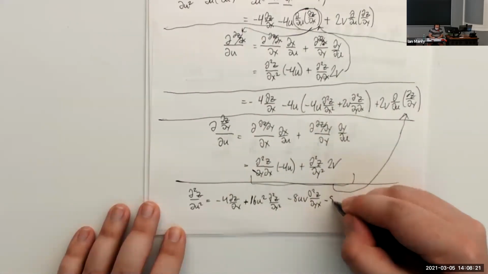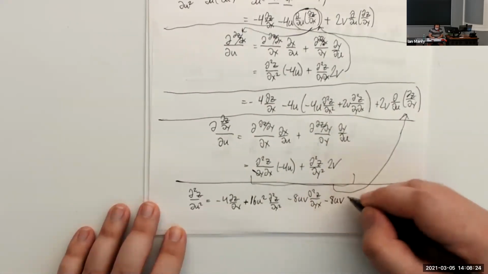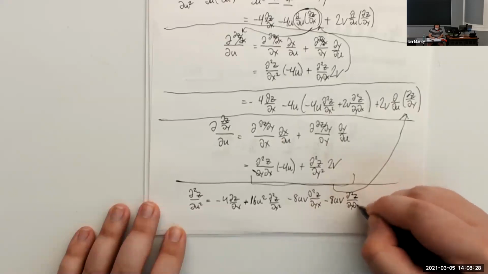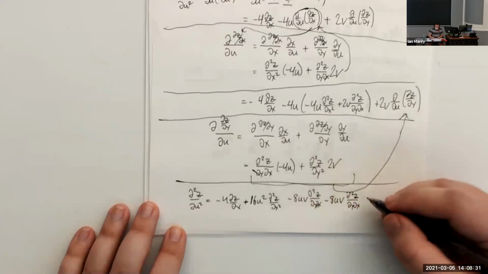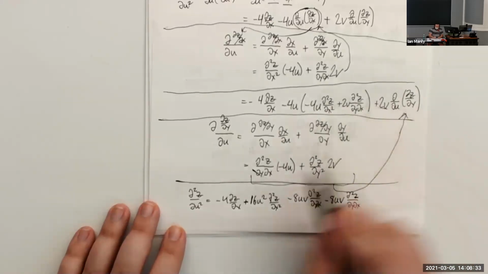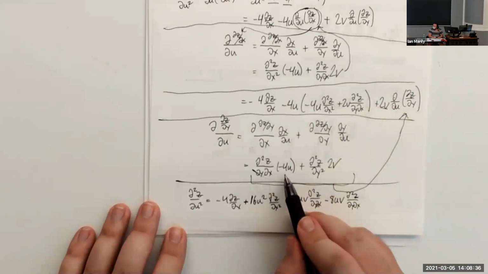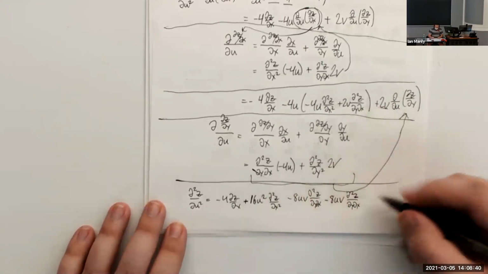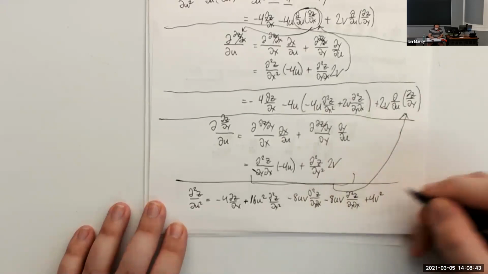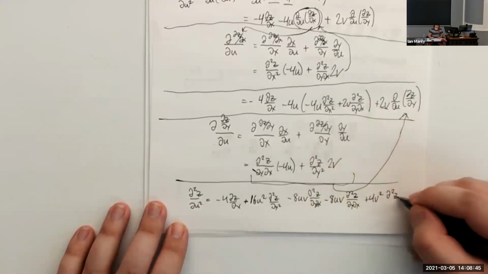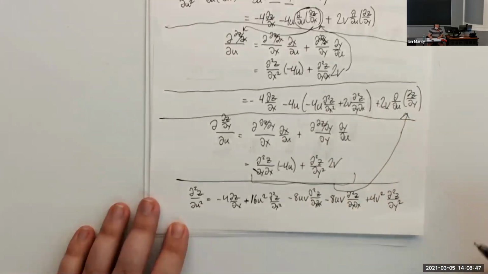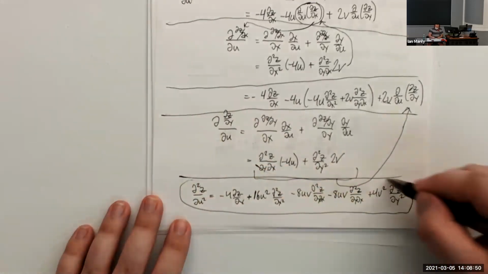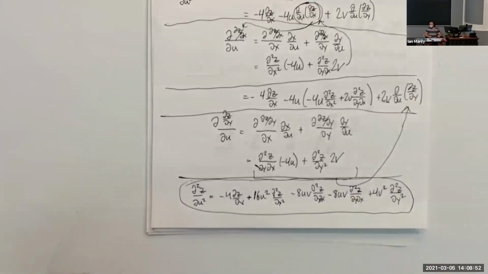So that's actually going to give us another minus 8uv, and then the mixed partial. Oops, forgot partial symbol. All right, so that's going to be 2v times this right here. And then I have 2v times this, so I have plus 4v squared, partial squared z, partial y squared. There we go. There's our gargantuan second derivative using the chain rule with two different variables.